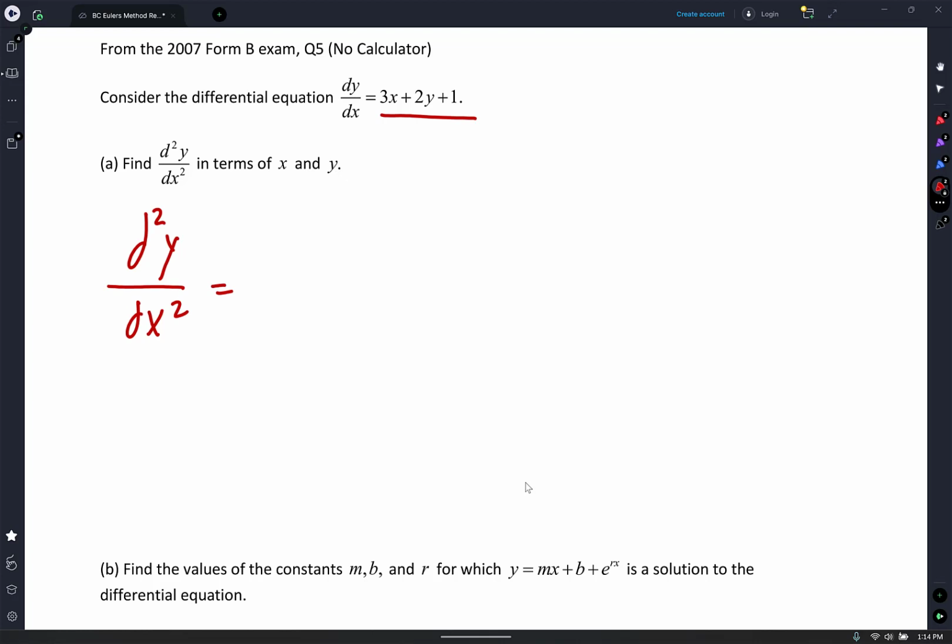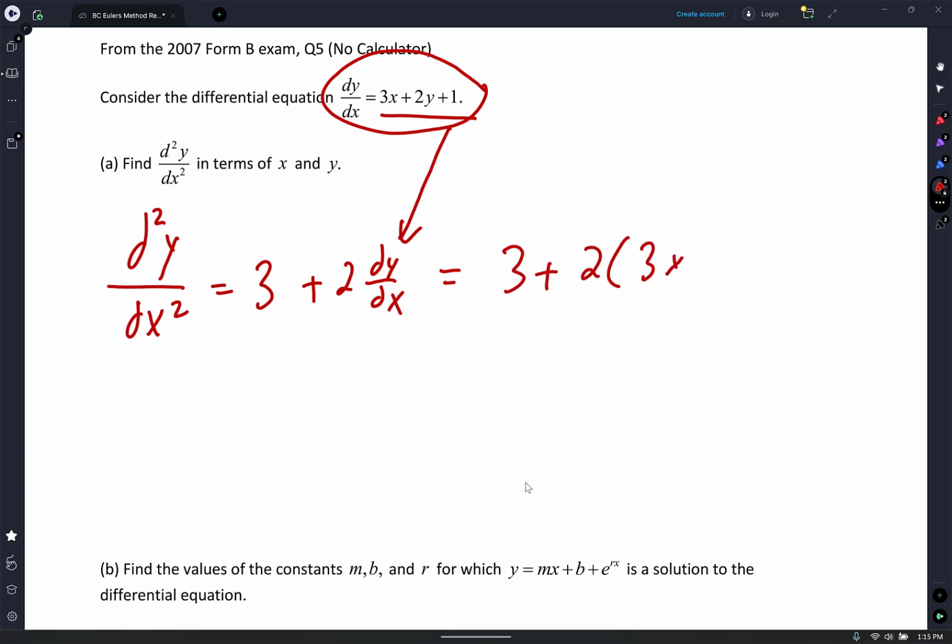They want the second derivatives in terms of x and y. Keep going if you haven't finished. So you take the derivative first: 3 plus 2 dy dx. And then you're not done because they want the derivative in terms of x and y, correct? So you plug in this expression for that. So 3 plus 2 times (3x plus 2y plus 1).